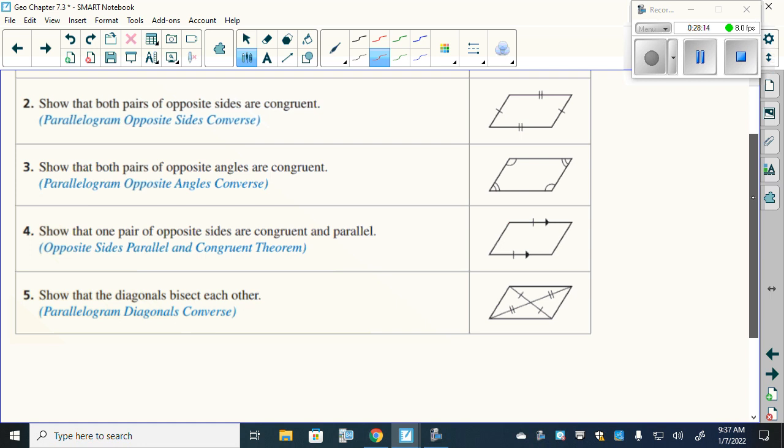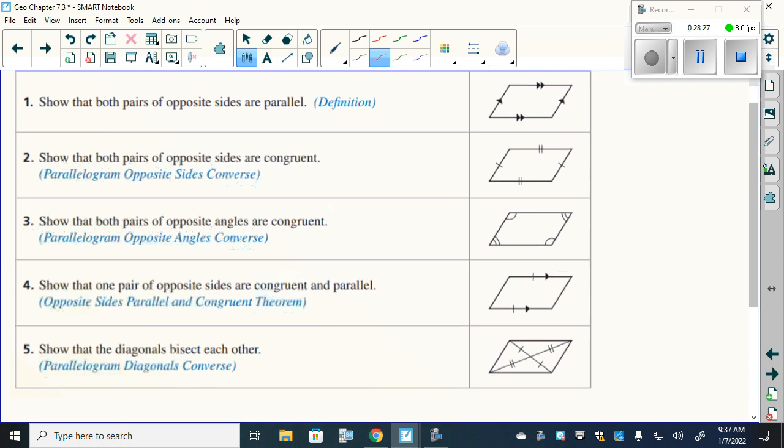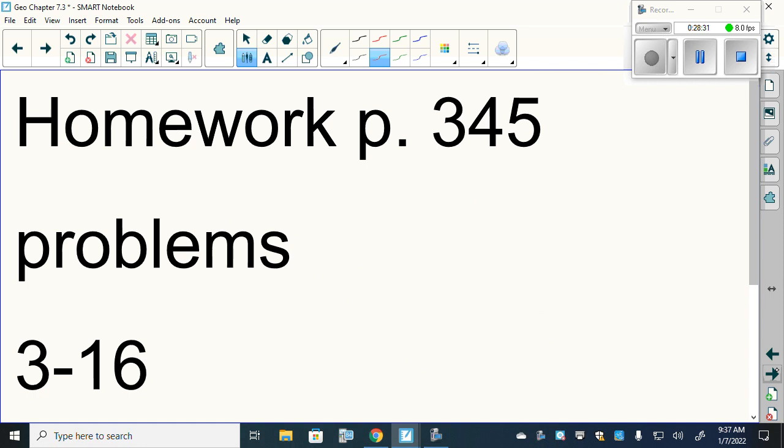If we have that one set of opposite sides is parallel and congruent, it'll be a parallelogram. And lastly, if the diagonals bisect each other, then it'll be a parallelogram. So we have 5 different ways to show that a four-sided figure is a parallelogram. And that's it.